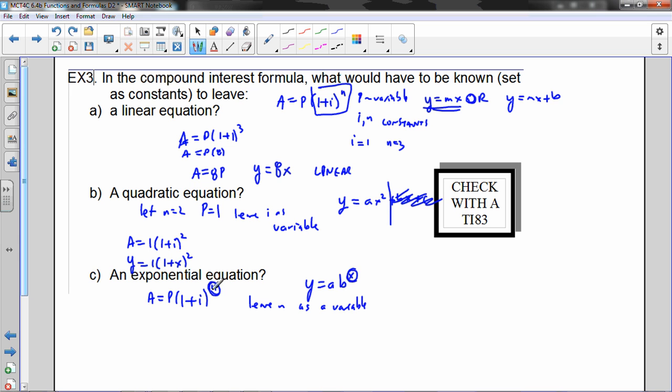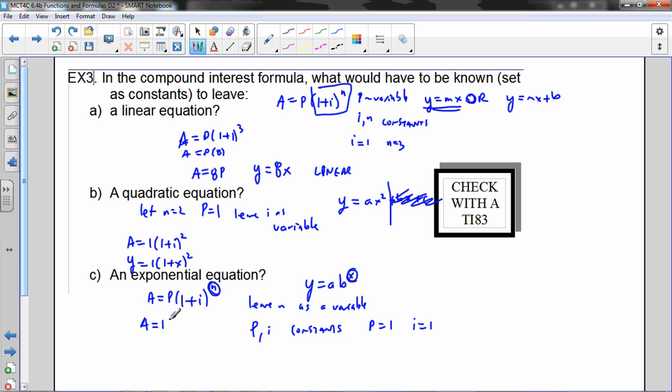The x has got to be the exponent for an exponential function, and then P and I will be constants. Again, I'm just going to let P equal something easy, and I equal something easy as well.